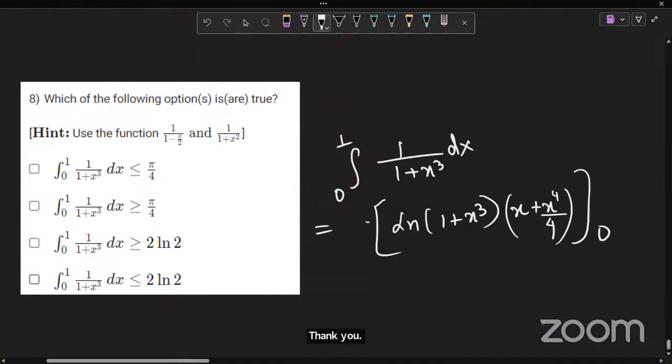Let me check this one from 0 to 1. What will be the value we will get?